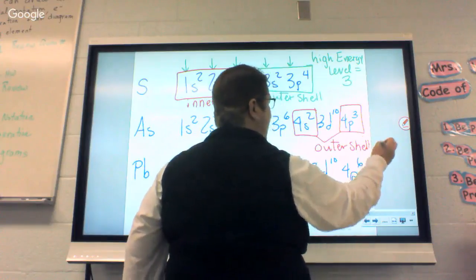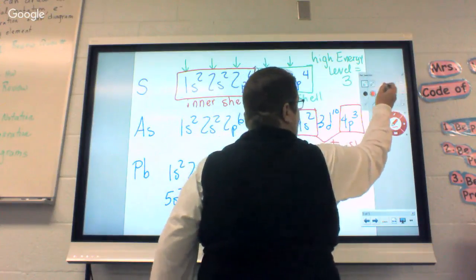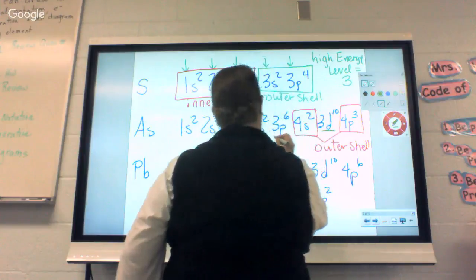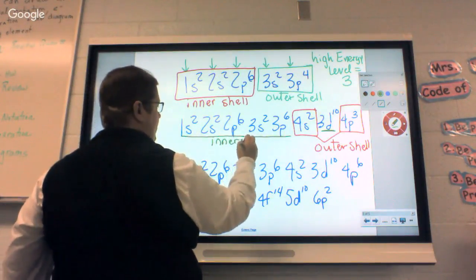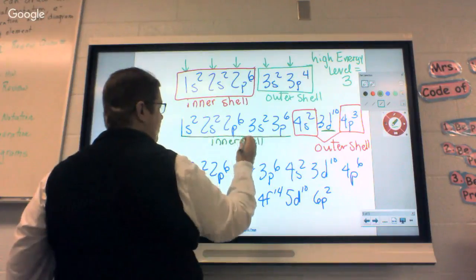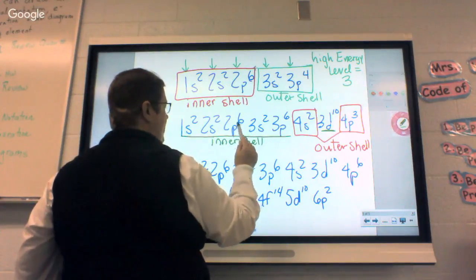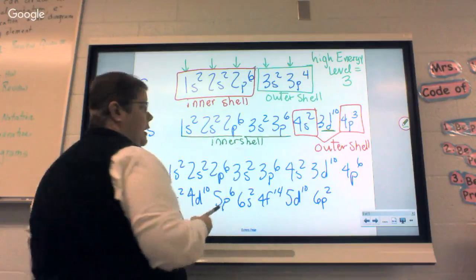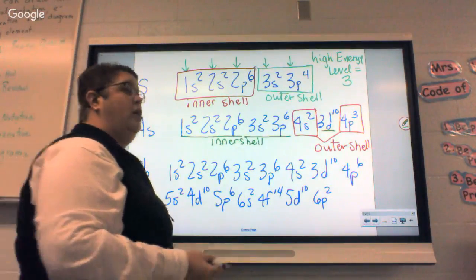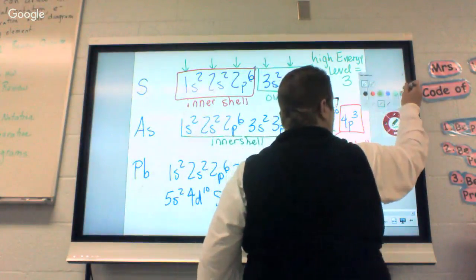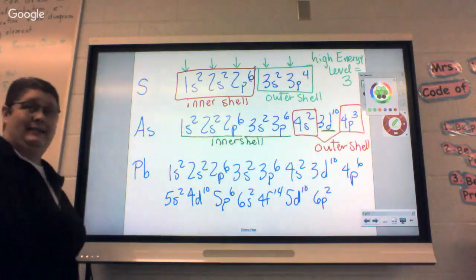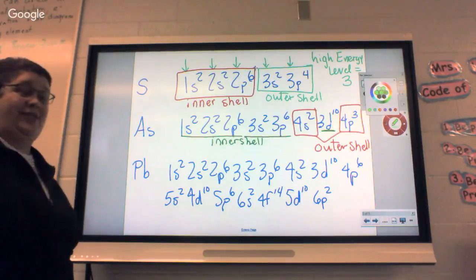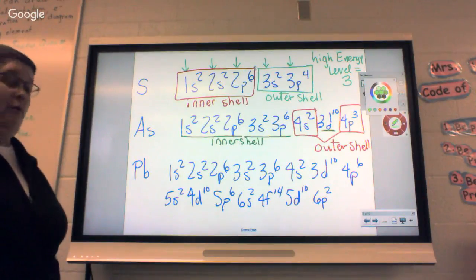That means everything else that is not together here is the inner shell. Now, the last one I picked out, lead, and the reason I picked it out is to really illustrate how these things don't have to be together. What is the outer shell in lead? And look at how many 6s you have. And where are they at?